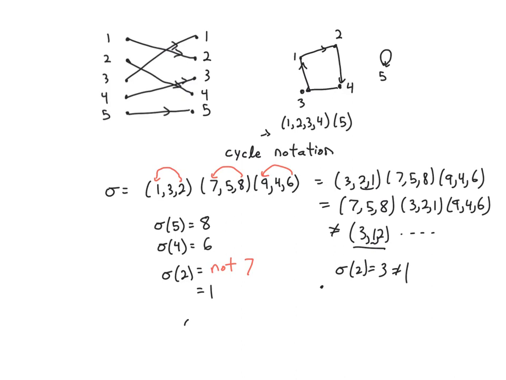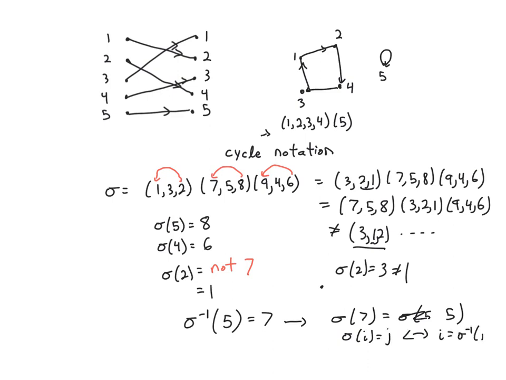Alright, that being said, you can also compute the inverse of an element. So what's sigma inverse of 5? Well, you find the cycle containing 5 and you look at the element to the left. It's 7. Why is that true? Because sigma of 7 is 5. As we discussed last time, sigma of i equals j if and only if i is equal to sigma inverse of j.